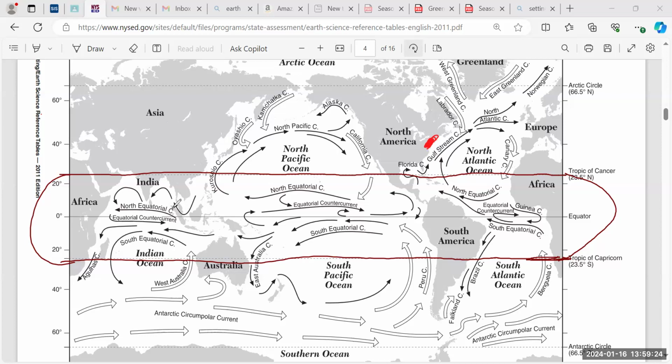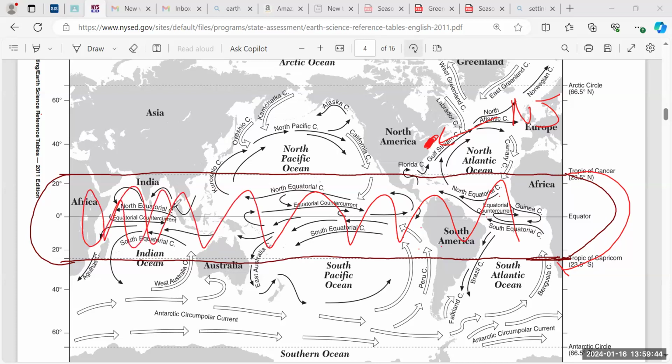So you got to ask yourself, if this is New Jersey, is New Jersey located in this boundary area right here? It is not. So because New Jersey is not anywhere in this region, in between these two latitudes, and it's outside those boundary lines, that lets me know New Jersey will never have the sun directly overhead.